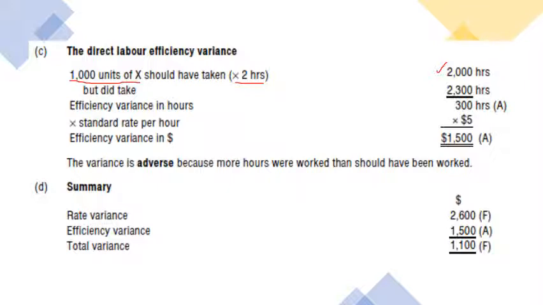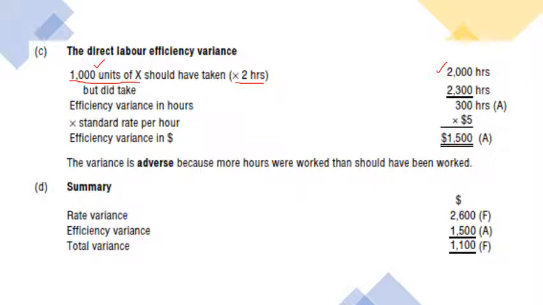If you want to manufacture 1 unit, you require 2 hours. So if you want to manufacture 1000 units, you will multiply by the 2 hours. Now 2000 hours were made standard to manufacture these 1000 units.